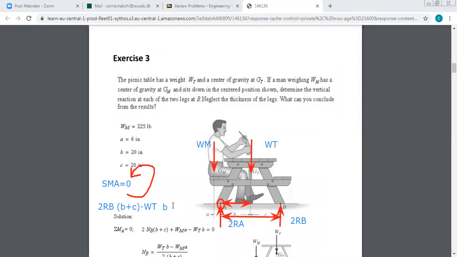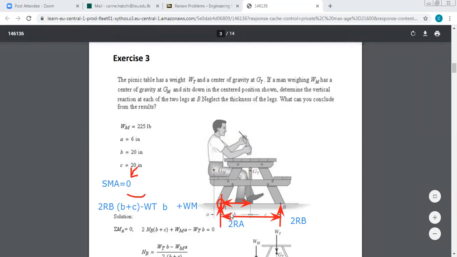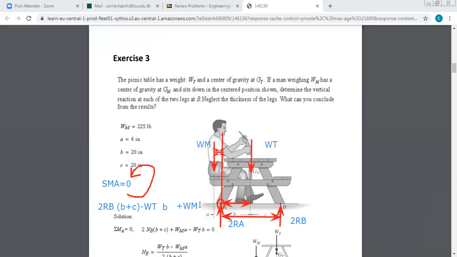So plus the weight of the man times the distance between the weight and the point A. If I take the parallel to the weight from A, I need to know this distance. This distance is equal to A. So I do plus W man times A equals 0.